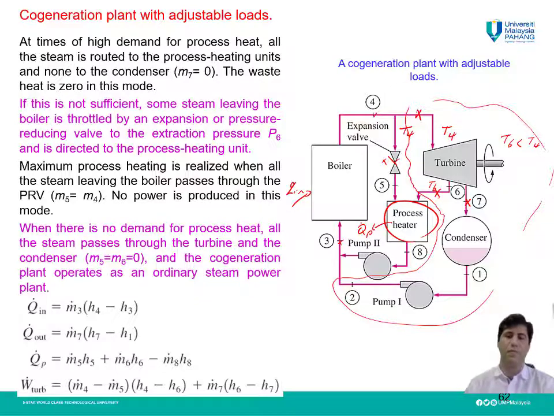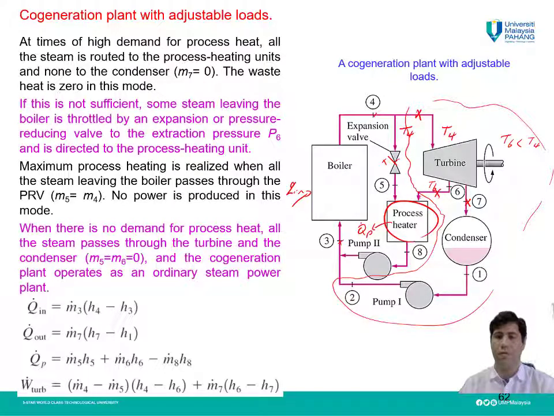Q dot P, or the process heat, which we have in the process heater, is equal to m dot 5 H5, which comes to the system here, plus we also have in this line m dot 6 H6, minus what, the output of this process heater, m dot 8 H8, or enthalpy at point 8. As you can see here, this is for a general condition when we have steam from both of these two lines.